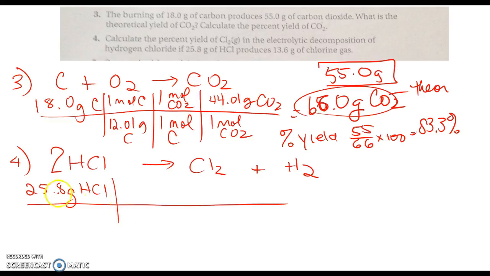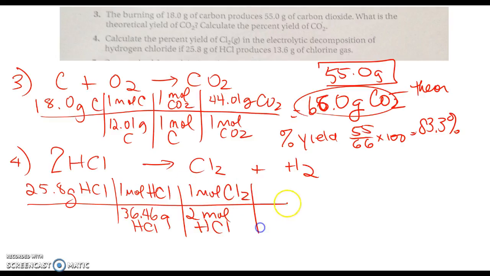So I have to change grams of HCl to moles of HCl using the molar mass. I have to go from moles of HCl to moles of chlorine gas using the coefficients of the balanced equation. And then I take the mole of chlorine gas and change it into grams using the molar mass.